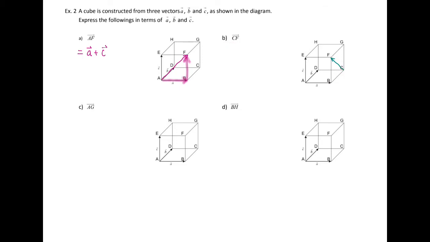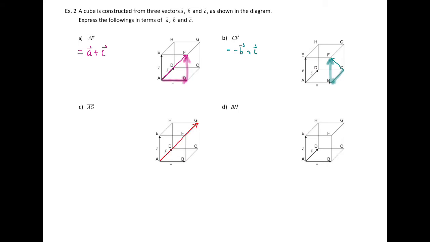So once again, I can use the routing vector CB plus vector BF. CB is equivalent to negative little b, because b is this way, that means CB will be opposite of vector b. And this vector BF is actually our little vector c. So vector CF can be written as negative little b plus little c.